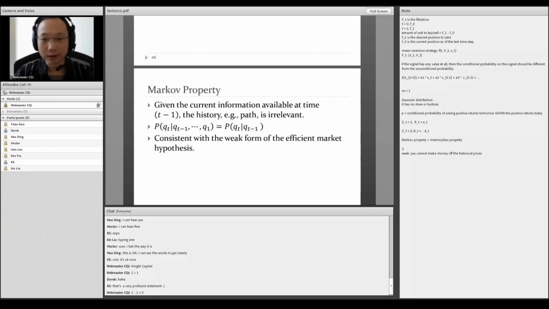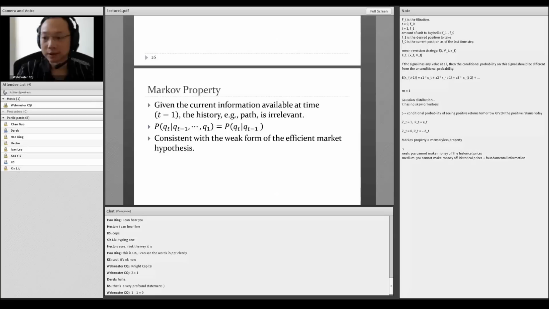Then there's a medium form of the efficient market hypothesis. It's saying you cannot make money off historical prices plus the fundamental information. So if you analyze the PE, the book ratio, the revenue, the income, the costs of a company, plus the historical prices, you still cannot make money off that.